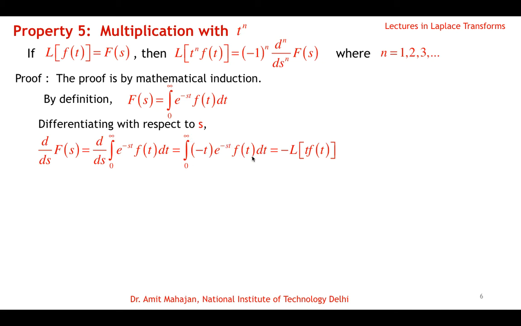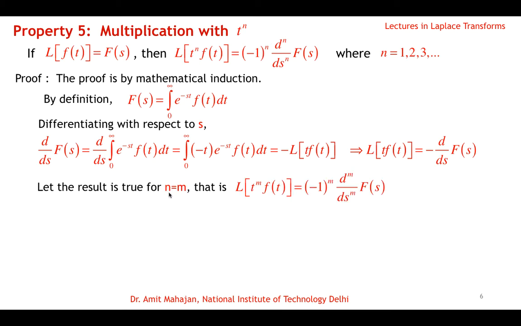So by definition it is nothing but Laplace of t f(t). So immediately we have the result that Laplace of t times f(t) is, this minus sign goes to the other side, minus d/ds of F(s). So Laplace of t f(t) is minus the derivative of F(s). So this proves the result for n value 1. Okay, so let us assume that the result is true for n equal to m.